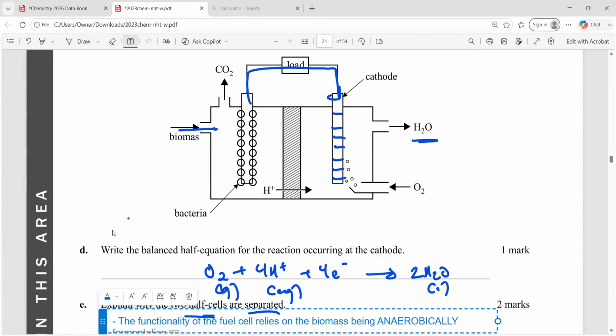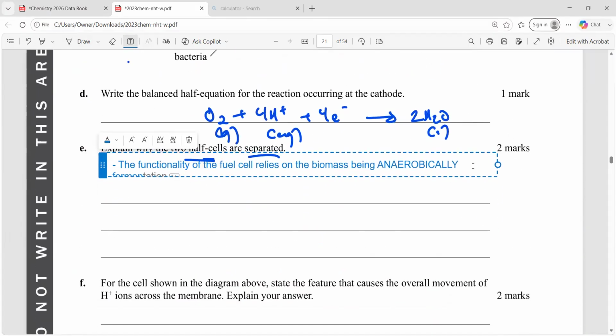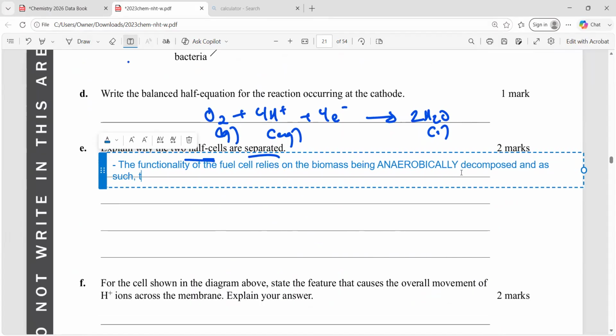Decomposed, anaerobically decomposed, and as such, the half cells are separated to prevent oxygen from entering the anode compartment.